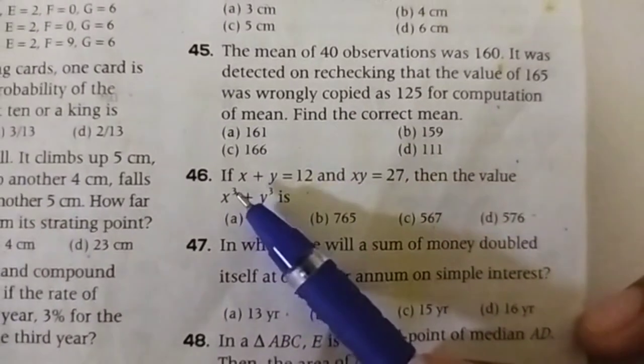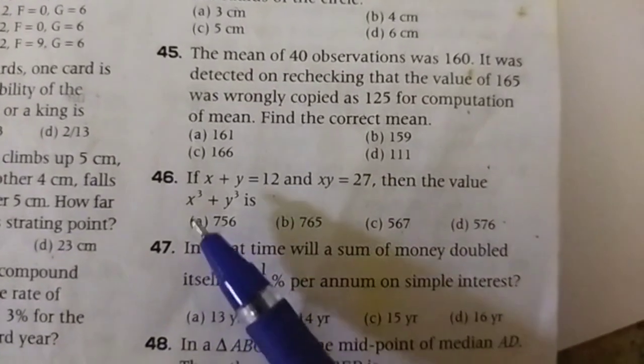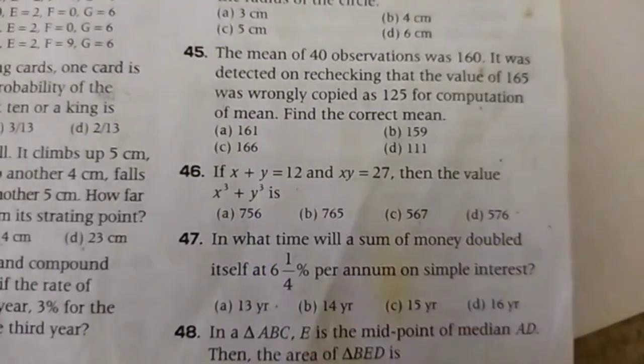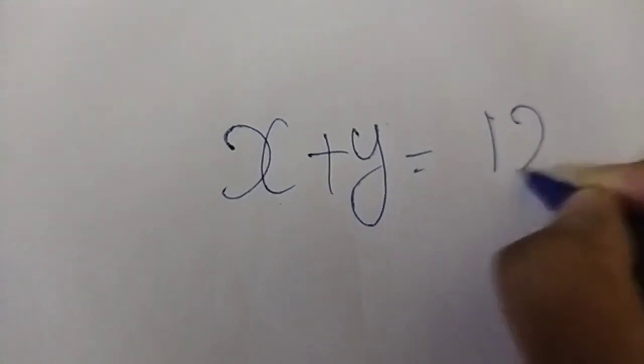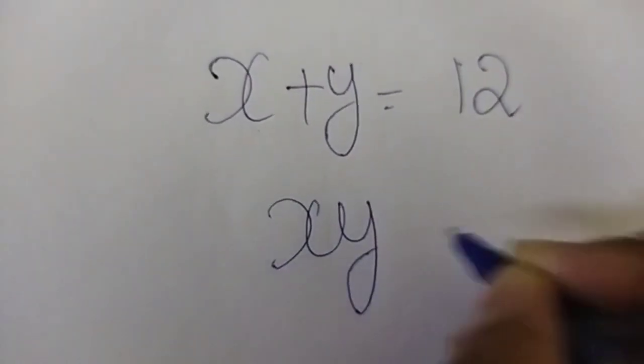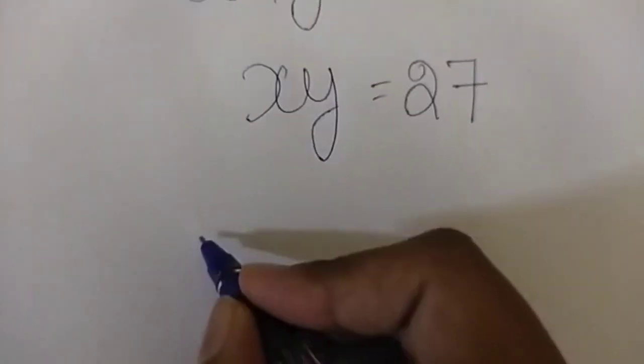If x plus y is equal to 12 and xy is equal to 27, then the value of x cube plus y cube is. It is given that x plus y is equal to 12, xy is equal to 27. So let me take cube.